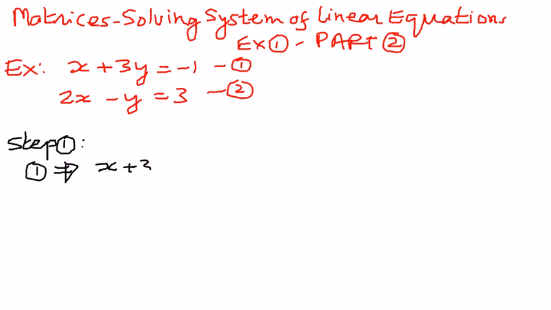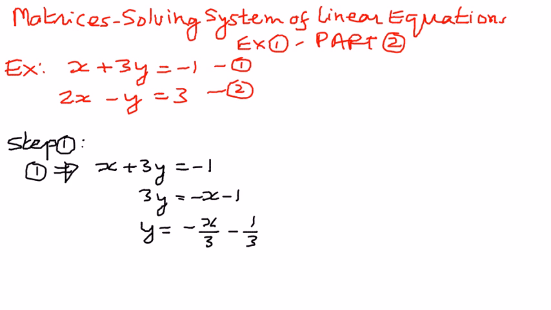x plus 3y is equal to -1, and then 3y is equal to -x minus 1 by using the addition property. We want to write it out as y is equal to -x over 3 minus 1 over 3. It is now in the standard form y is equal to mx plus b.